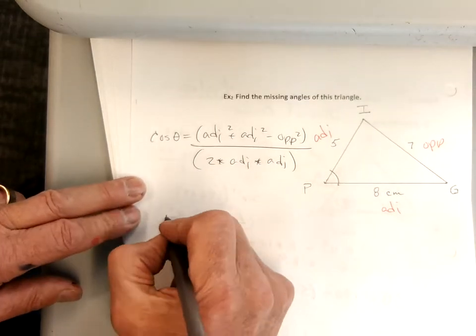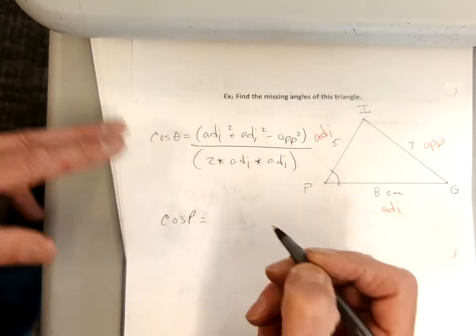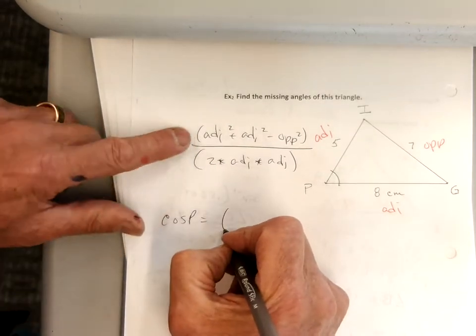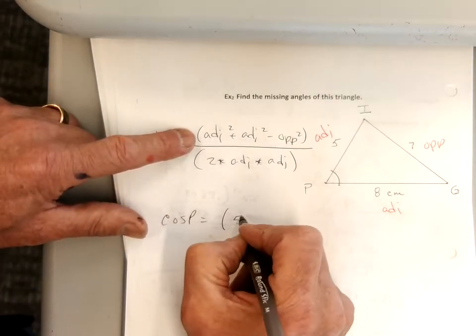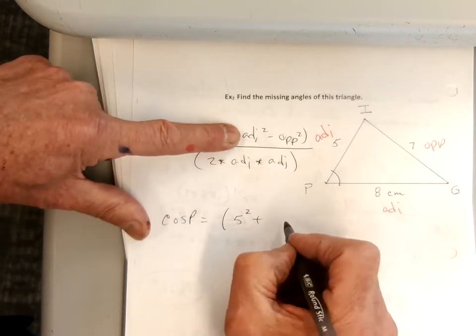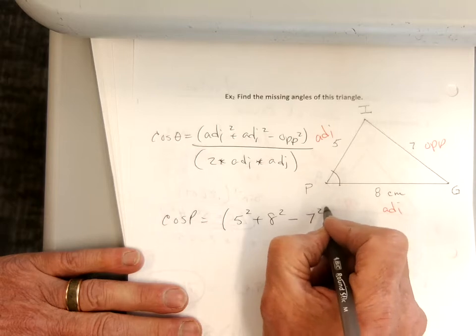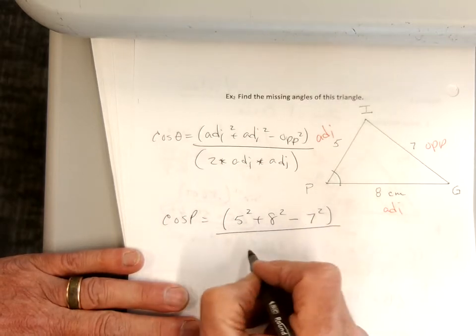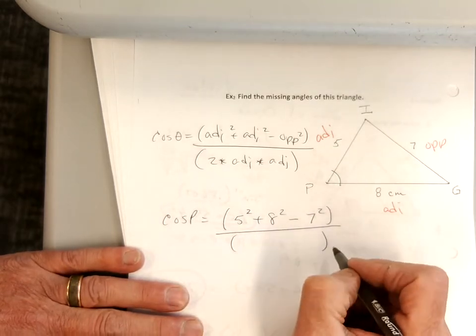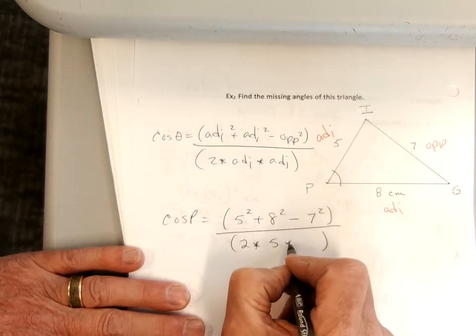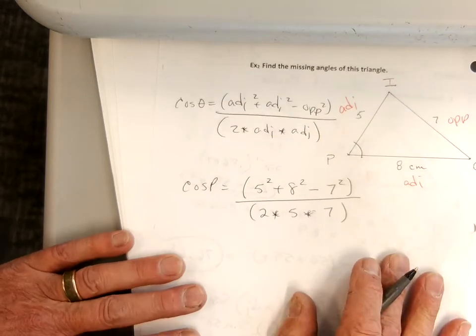Cosine of P, that's the angle we're going to find, equals parentheses 5 squared plus 8 squared subtract 7 squared parentheses divided by parentheses 2 times 5 times 7.